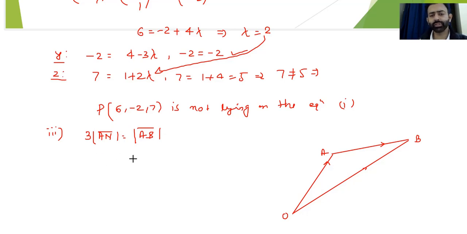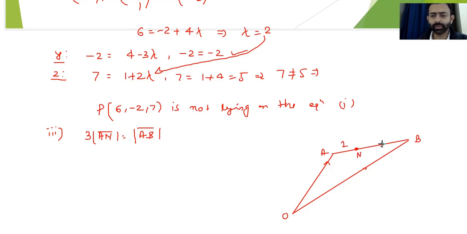Meaning of this is that N is lying somewhere along the line AB such that thrice of that magnitude, the distance of the point N from A, is equal to AB, or AB distance is thrice of AN. That means N will lie towards A.